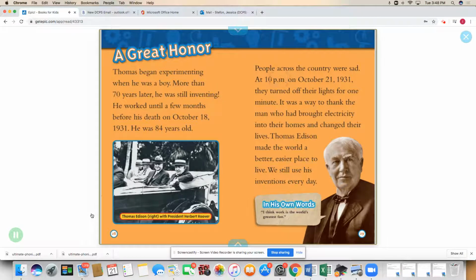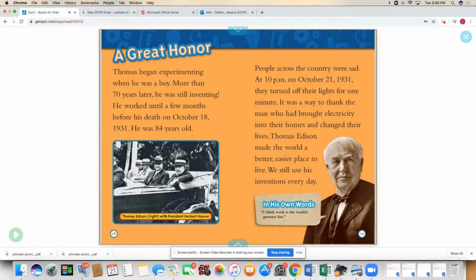At 10 p.m. on October 21st, 1931, they turned off their lights for 1 minute. It was a way to thank the man who had brought electricity into their homes and changed their lives. Thomas Edison made the world a better, easier place to live. We still use his inventions every day.